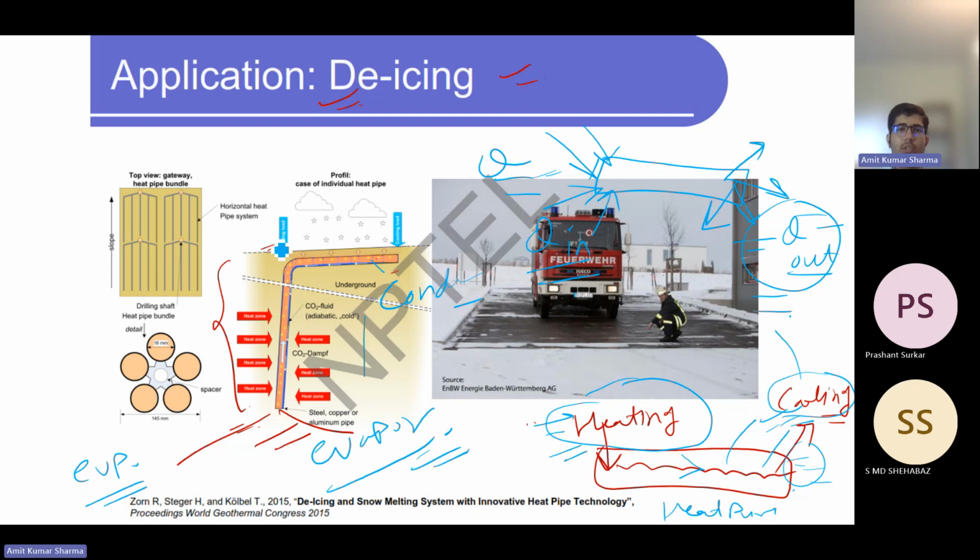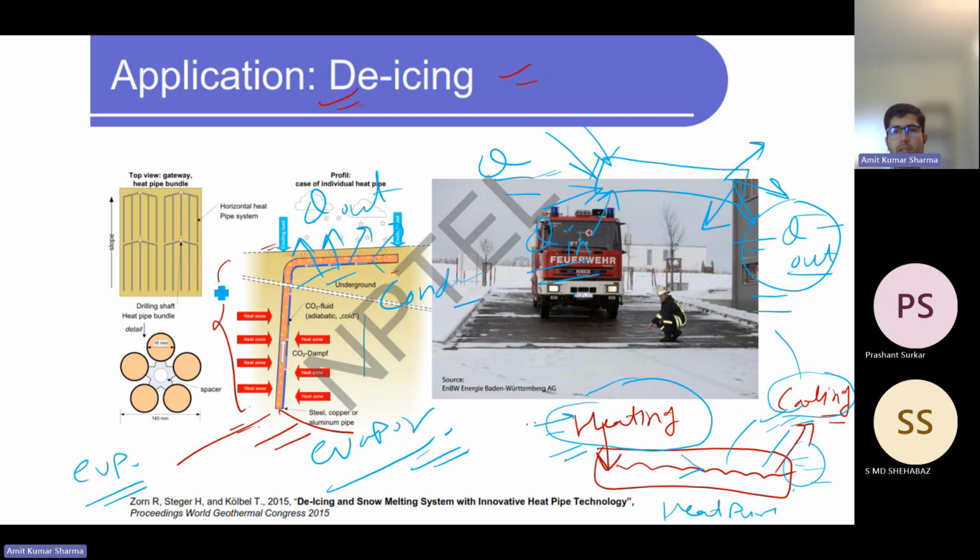So for melting the ice, you need Q out from the heat pipe. I think now it's clear. Is it okay? Sebaz, is it clear to you? Yes, sir.